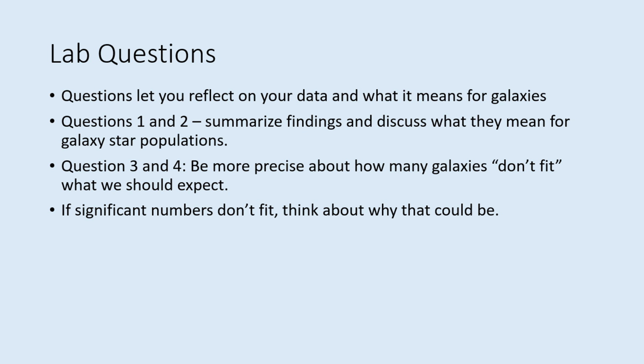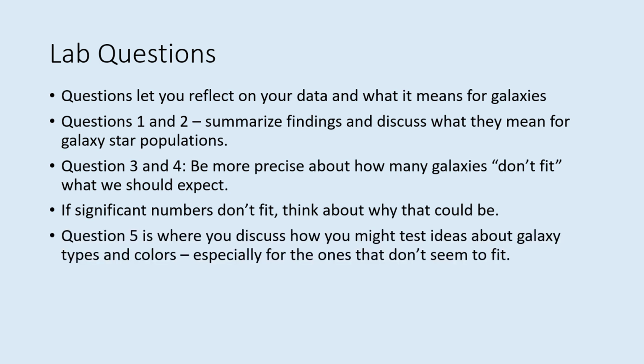If it's only 1 or 2 galaxies, that may mean something very unusual happened with those. But if there's a significant fraction of galaxies that are the wrong color, then that means our expectations about galaxy colors may need to be revised. It's not good enough to just say most galaxies of this type fit when a quarter or a third of them don't. This leads us to question 5.